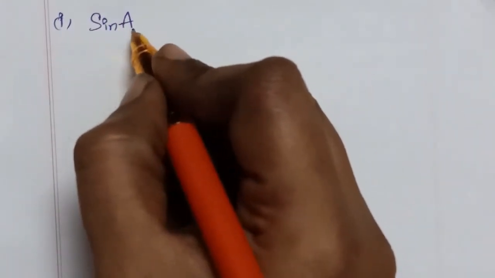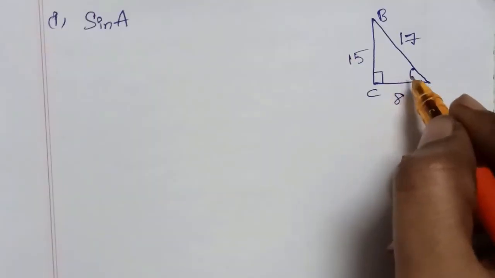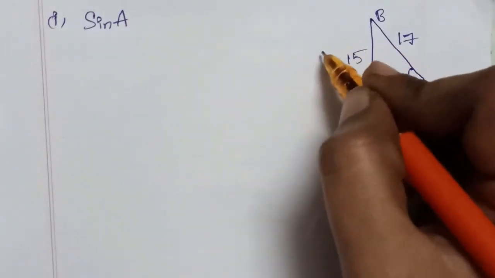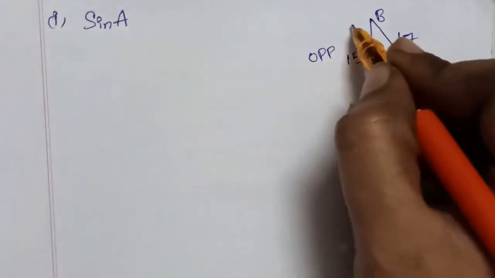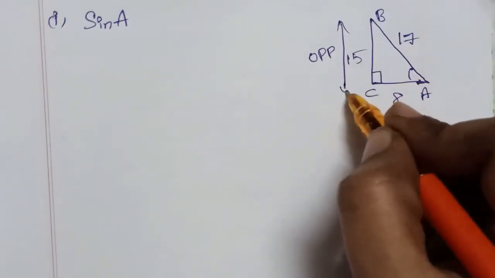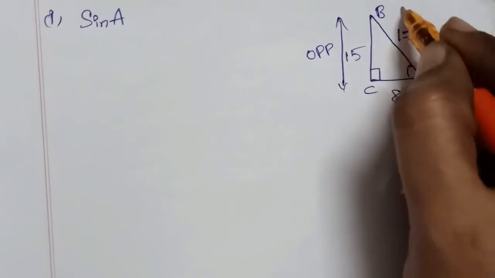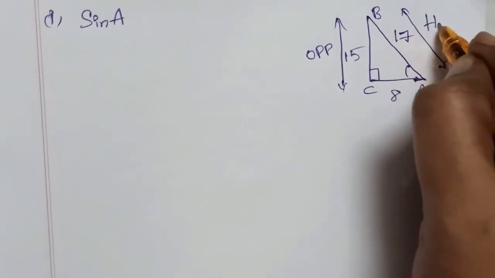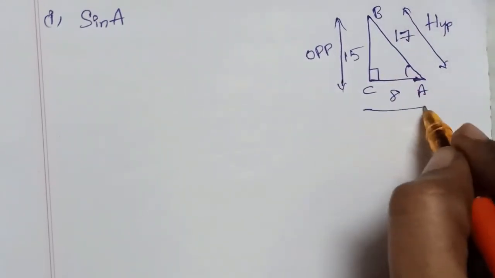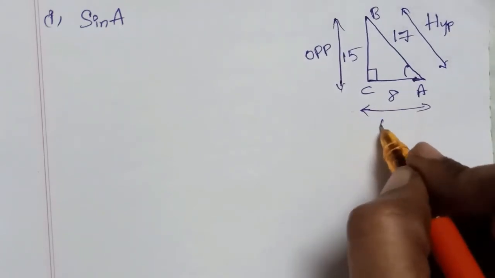Now we find the value of sin A. Here A is the angle of the triangle, opposite to the angle. Opposite to the right angle, hypotenuse, and this is adjacent to the angle.